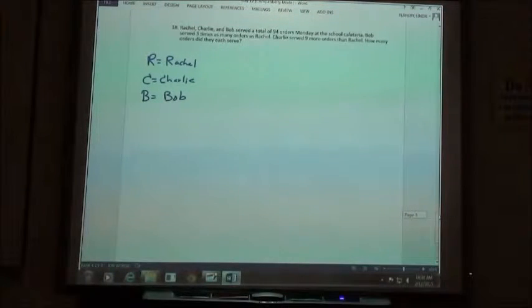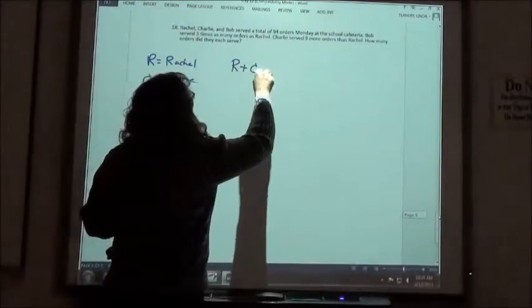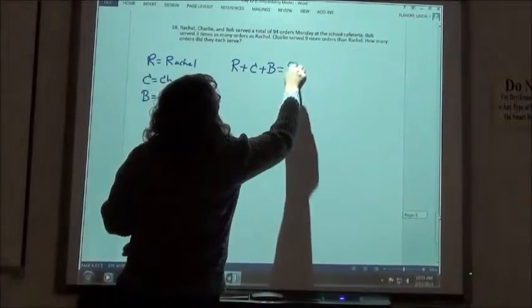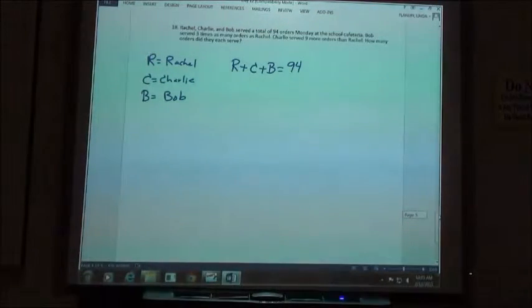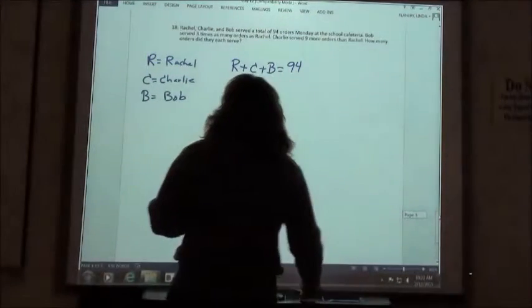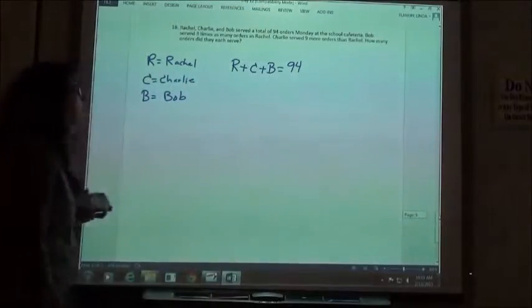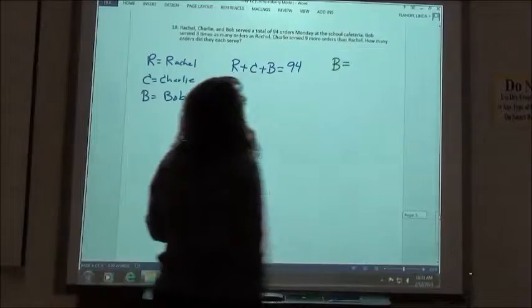Rachel, Charlie, and Bob served a total of 94 orders. So again, total means I'm going to add all 3 of those together, and all 3 of them served a total of 94 orders. So Rachel plus Charlie plus Bob equals 94. Bob served 3 times as many orders as Rachel. Bob is mentioned first. I'm talking about what Bob is equal to.